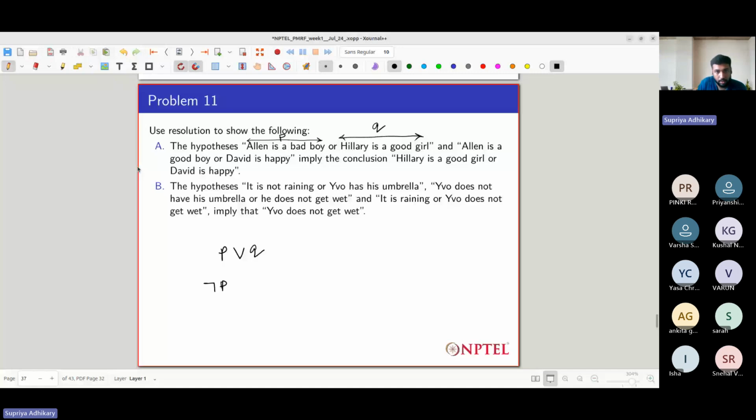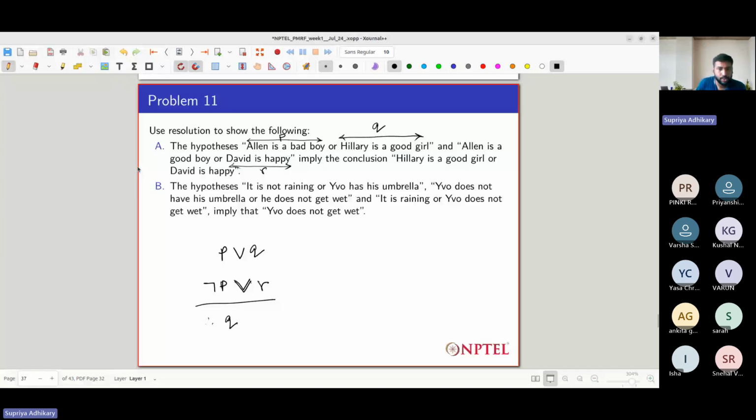David is happy is a new statement, so we'll name it R. So that is not P disjunction R. So this implies the conclusion: Hillary is a good girl or David is happy. Hillary is a good girl was Q, or David is happy, so that is Q disjunction R.